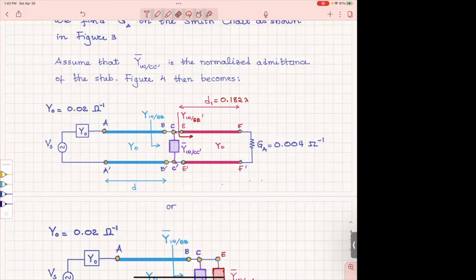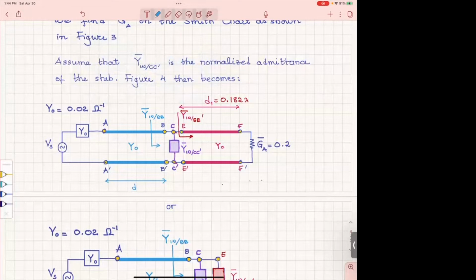And if we keep it normalized at this point, it's going to be 0.2, and then this is going to be normalized. I keep it there, why not? This is just to remind us of the characteristic admittance.